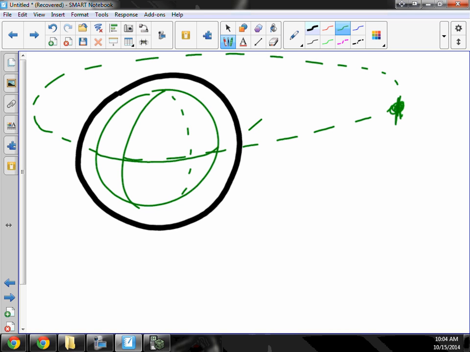If you're in this band here, you're going to go around the Earth every couple hours. But if you're way out here, it takes you 24 hours to do one rotation, and the Earth also did one rotation. So if you watch the weather on the news, those satellite pictures always look the same.